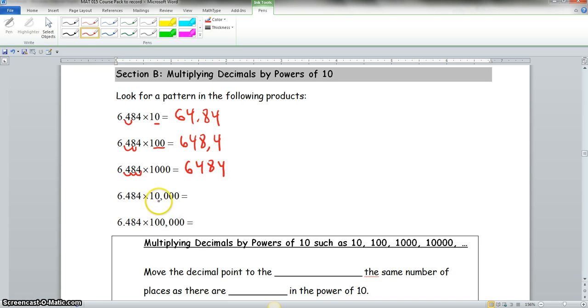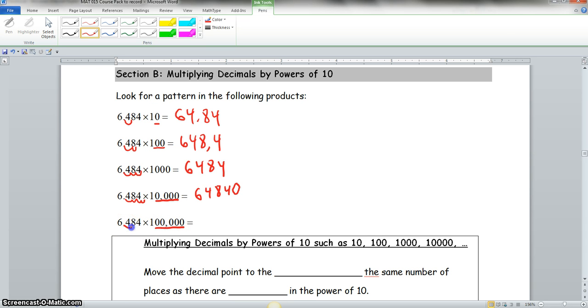Now, what we have here, we have 4 zeros, but we only have 3 digits behind the decimal. So we still will move this decimal 4 places, but we will put in a 0 to represent that place that we didn't have. So it'll be 64,840. And the same thing with the 5 digits.